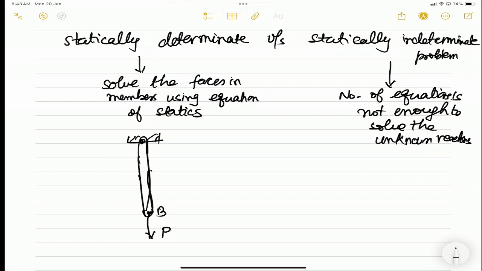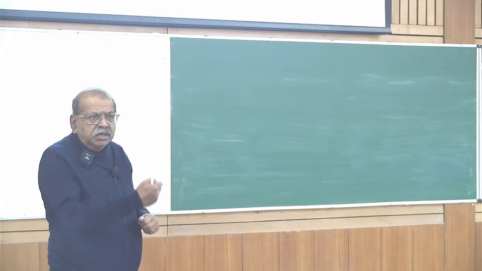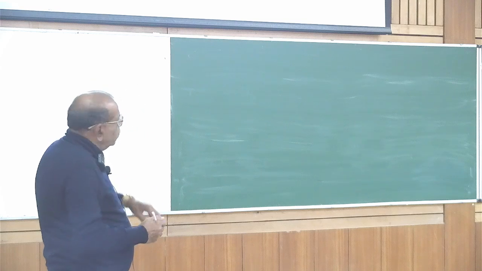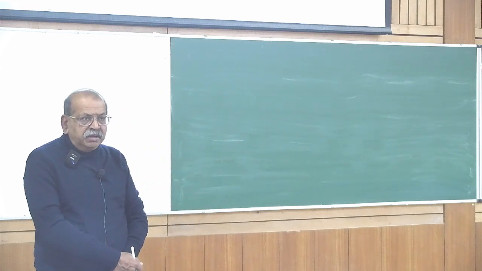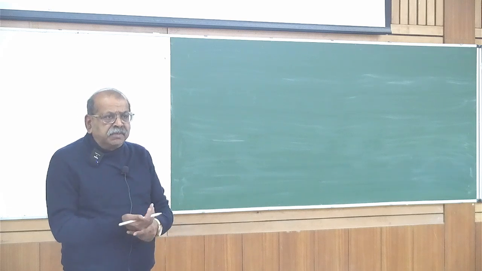Now this one is a statically determinate problem because at B a load P is applied, so I can find the reaction at point A. But suppose I have a problem like this, where the rod is connected with two pins and a load is applied somewhere in the middle of the rod, an external force P. Now here I will not be able to find RA and RB just by using statics, because all I will have is sigma Fy equal to 0.